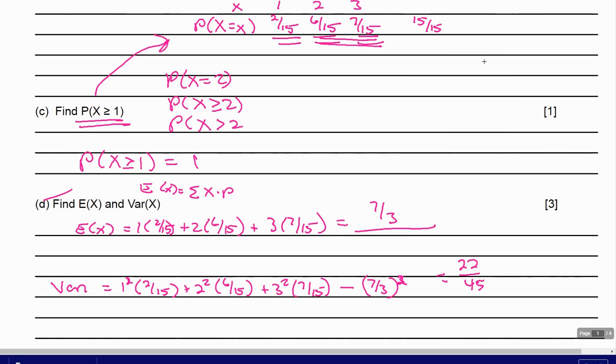Okay? The expected value is each x times its probability, and you add them up. The variance, you go back and change those to squares, but then you have to subtract the expected value squared. And you have to write this down so they can see what method you're using. On this one, I think this was worth 1 point. Then this one was worth a method point. And then the final answer was worth a point. All right, questions about that?